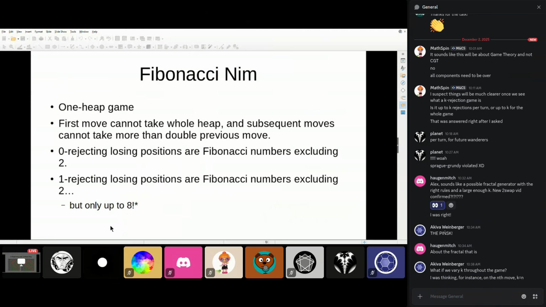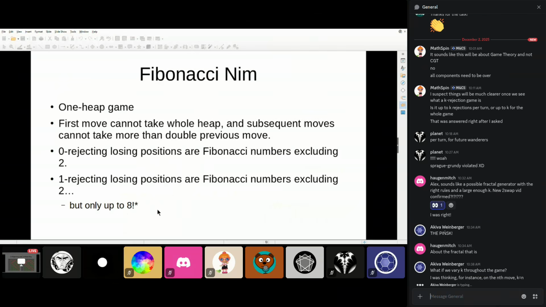Not 8 factorial. Okay, I wasn't sure. So, yeah, I'm running the script. 3, 5, 8, 13 doesn't show up.